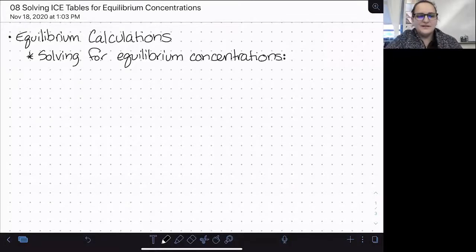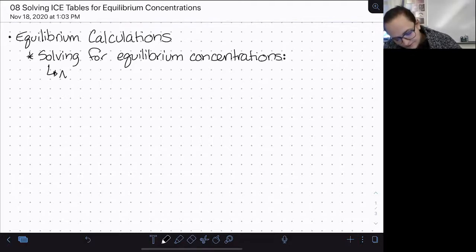In this video, we're going to look at another way that we can use ice tables to solve for a different quantity. So this time we're going to be solving for our equilibrium concentrations if we don't know any of them. So in this case, we need to already know the value of K as well as our initial concentrations.